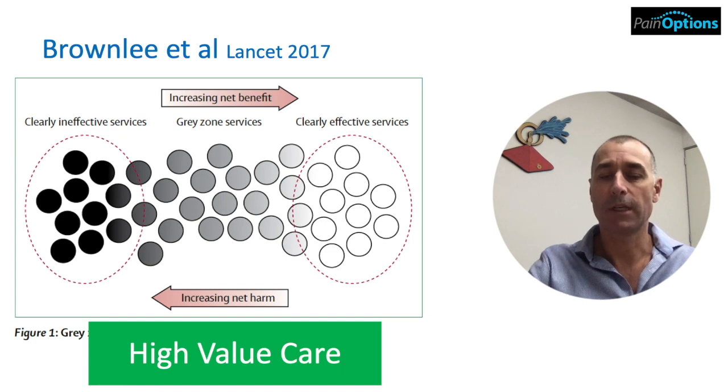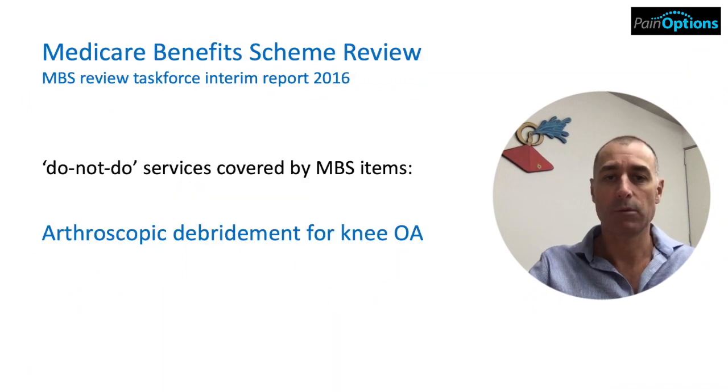And obviously effective services are ones that are ideally low risk and highly effective, and they may be cheap but may not necessarily be cheap, but they might be the best treatment available. The difficulty is a lot of musculoskeletal pain sits in this grey zone section where there's a lack of clear distinction of what are the most effective services. So again, that's where the guidelines are important.